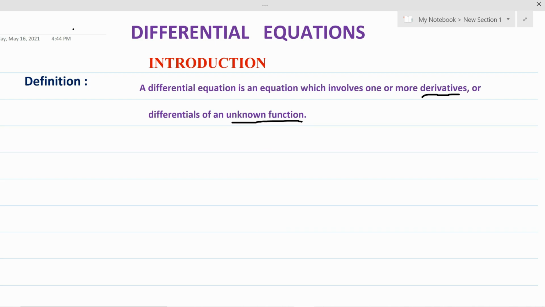There should be a derivative at this side, and there should be an unknown function at this side. So if you have an equation like that, then that equation is a differential equation. This means that if you don't remember your derivatives very well, you're supposed to go and prepare about derivatives.